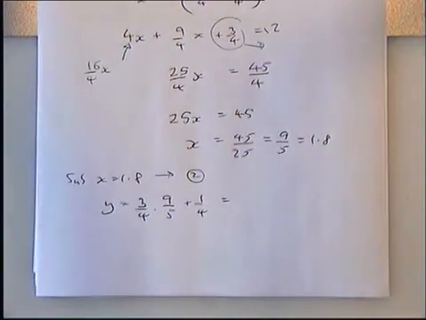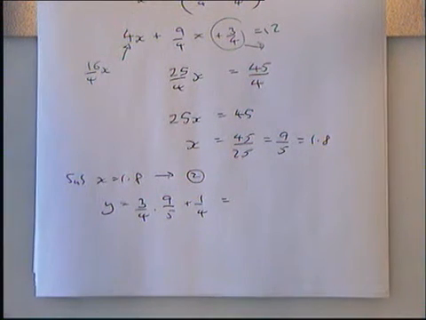And if you put that into a calculator, you should have the final answer popping out. Or you might even be able to do it in your head with some good old-fashioned cancelling down. 27/20 plus 1/4. 27/20 plus 5/20. 32/20. 16 over 10. 1.6.